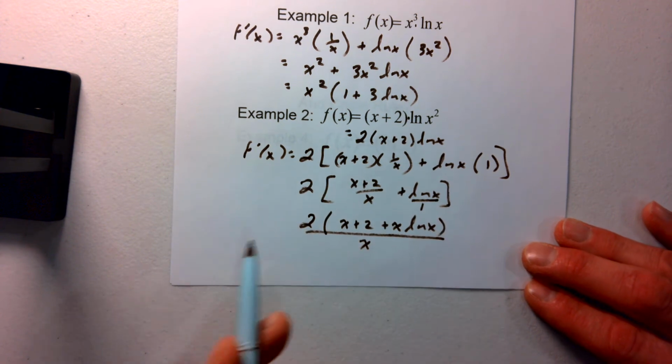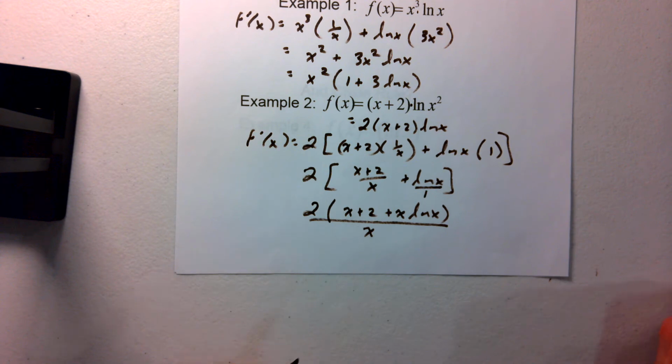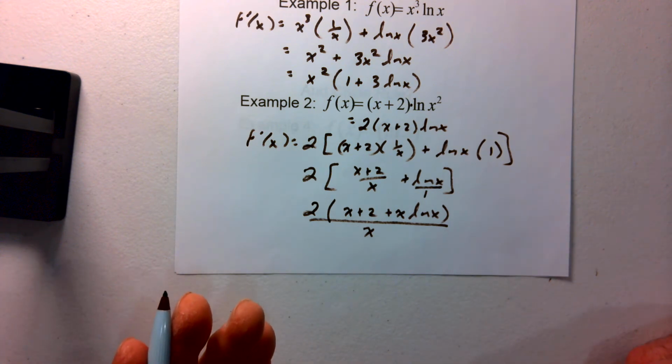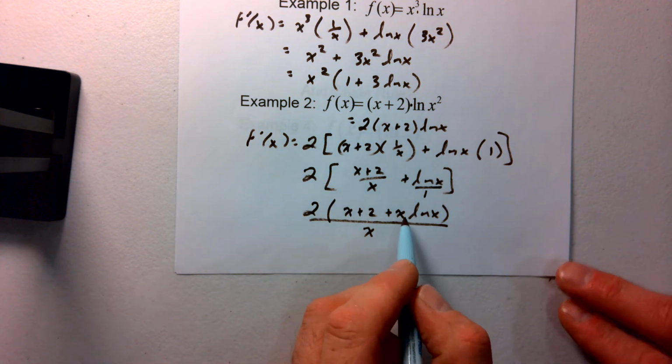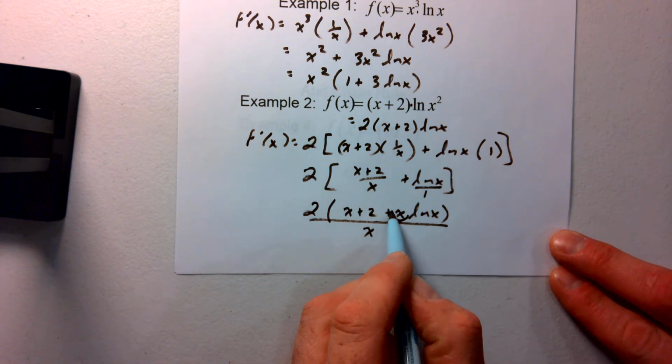Now, something that I will show you, it's not something that we normally do all the time. Sometimes we do it, sometimes we don't. It just kind of depends on the person that's writing the answer to the question.